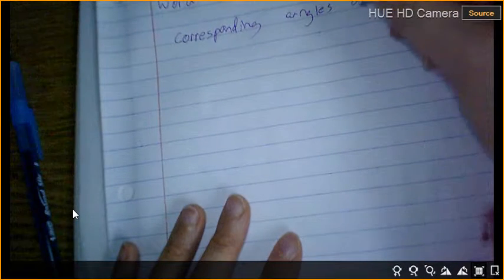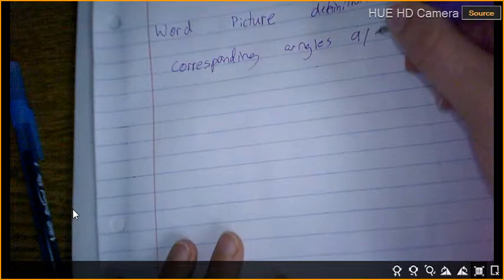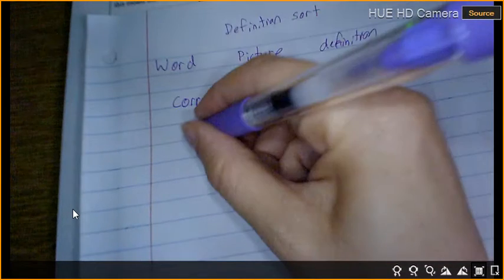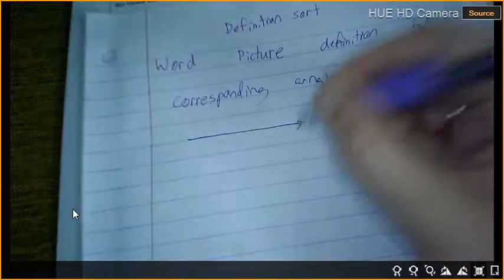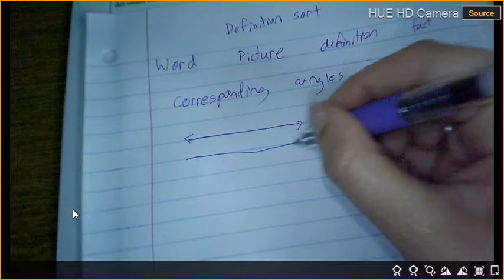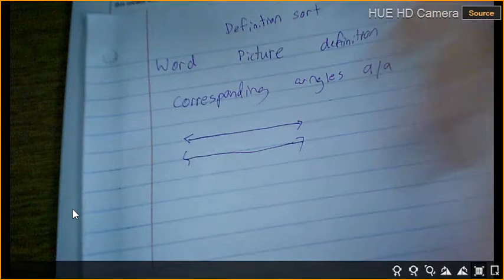And today is the 9th. Okay. So, for corresponding angles, there's 2 parallel lines. So what does a parallel line mean, guys? 2 lines that never touch.